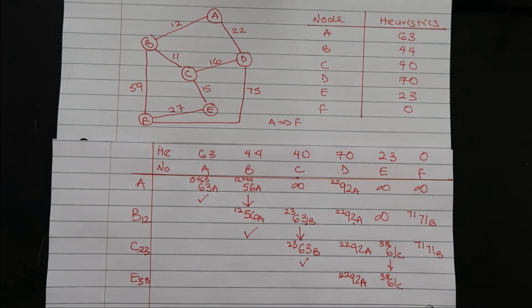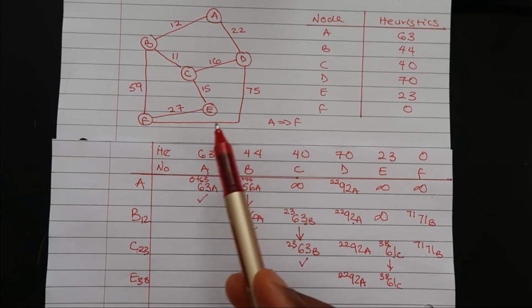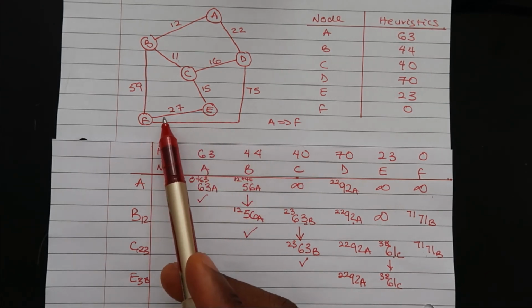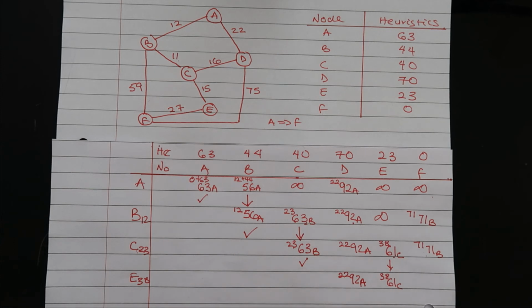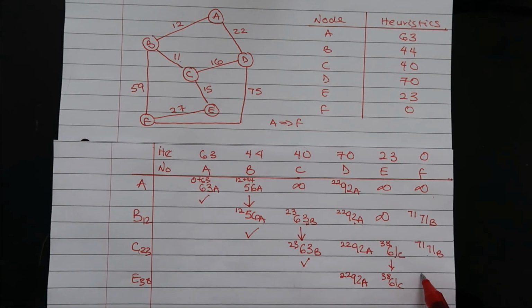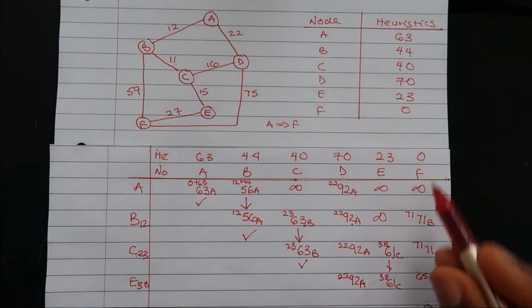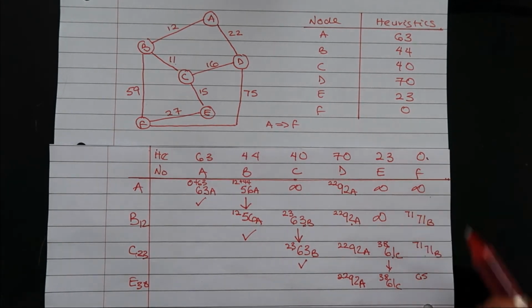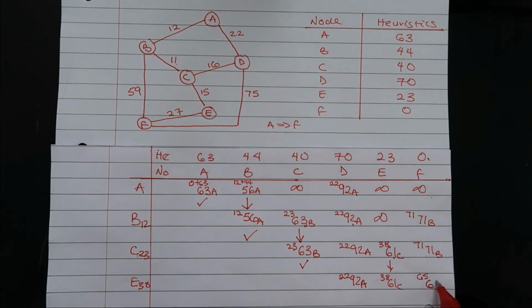Now, E to F there is 27. 27 plus 38 gives us 65. And 65 plus 0, which is the value of our heuristics there, is 65.